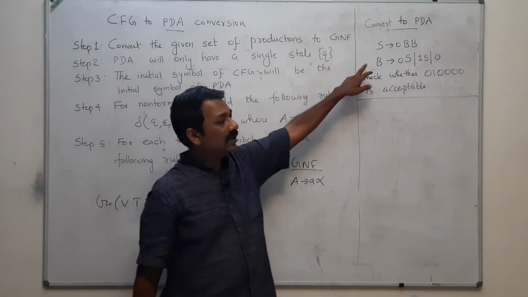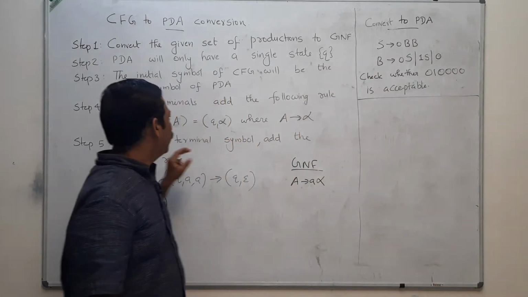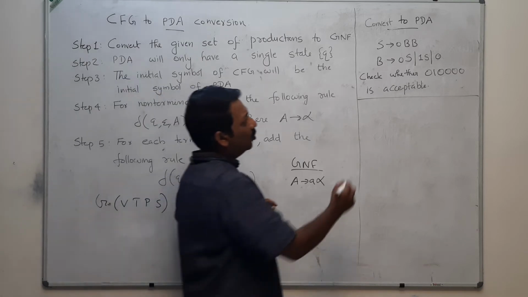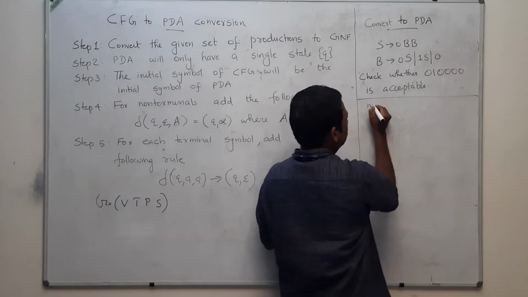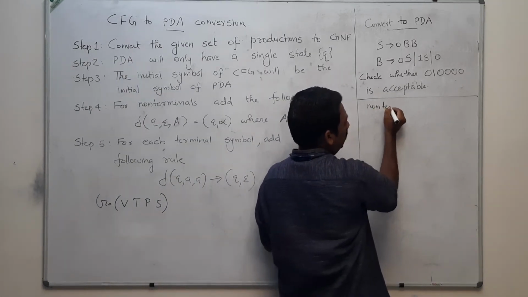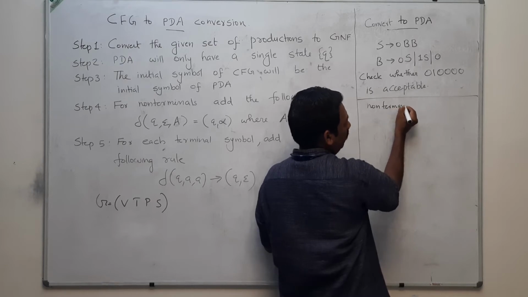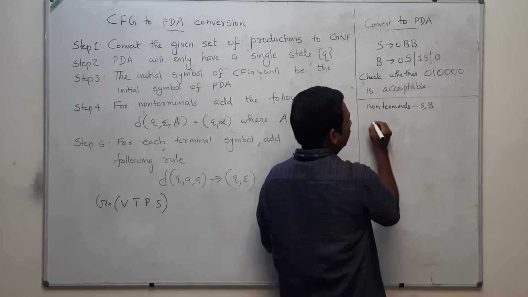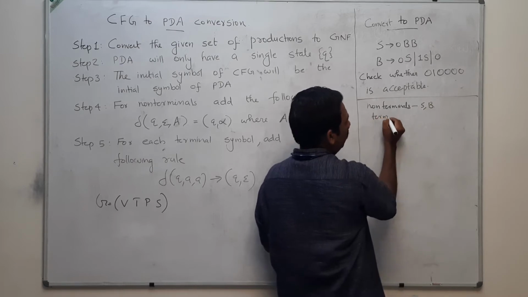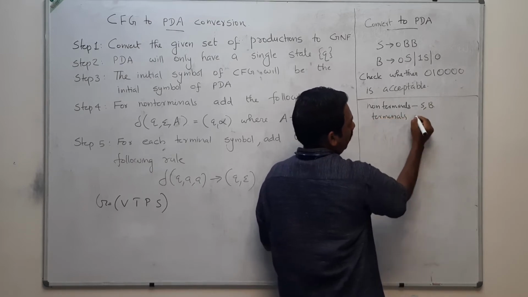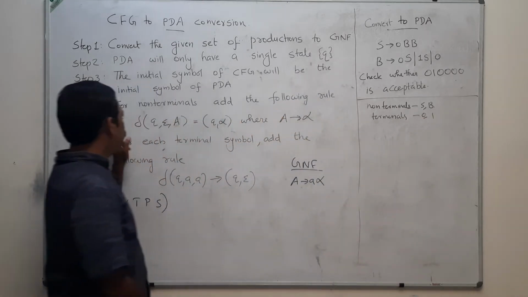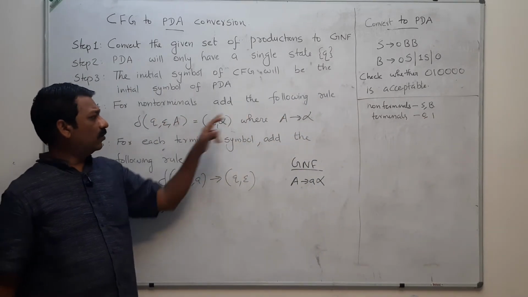Now this is already in Greibach normal form, and now we are going to convert the non-terminals and terminals. Here non-terminals are S and B, and terminals are 0 and 1. Okay. Now for each non-terminal add the following rule.